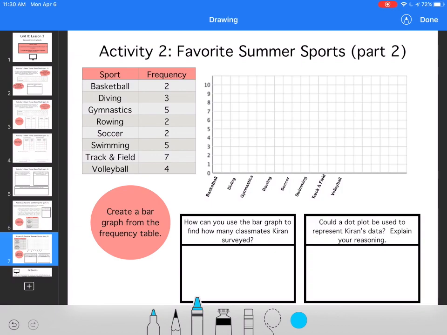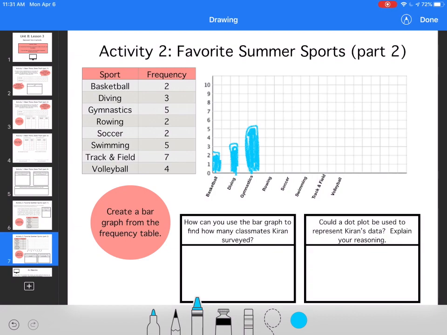So now they want you to create a bar graph from the data. So remember, a bar graph, you just go straight up. So basketball was 2. Then diving is 3. And then gymnastics is 5. Technically, I could change colors if I wanted it to be a better looking bar graph.